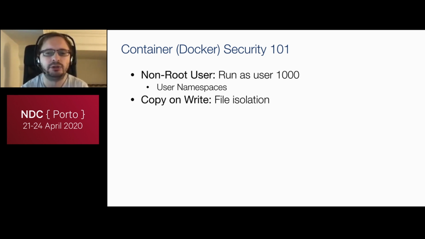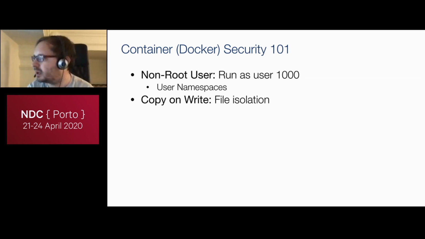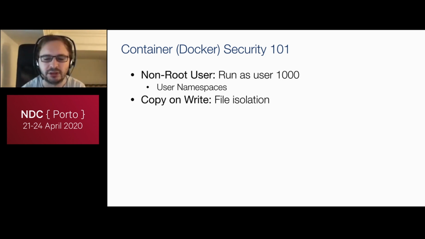So even if you are mounting special directories, special permissions into that container, the root user inside of the container is not going to be able to change or modify those. And so you have this extra level of capabilities and extra level of security. But by default, most of the time, as long as you're not mounting things in, it's not going to be too much of an issue.